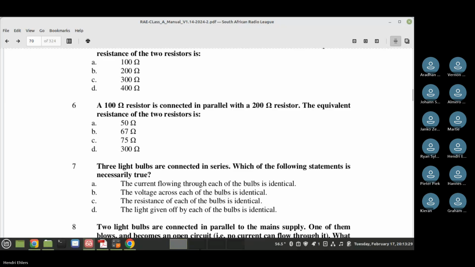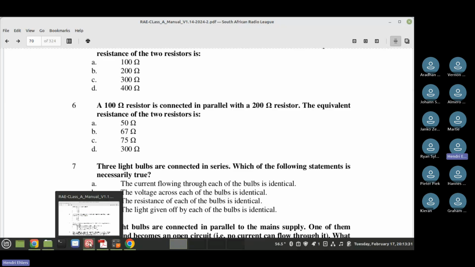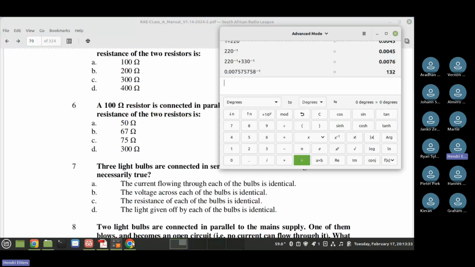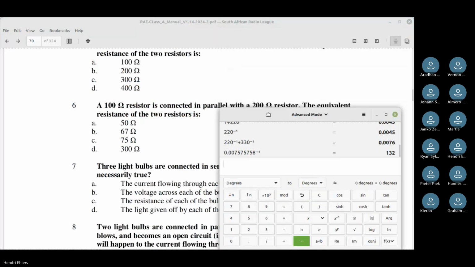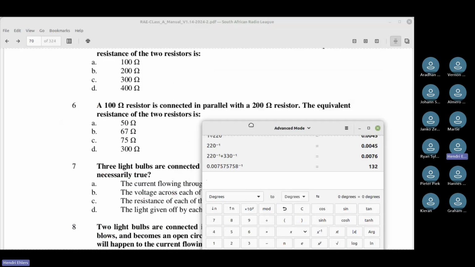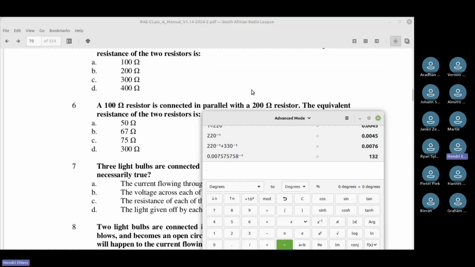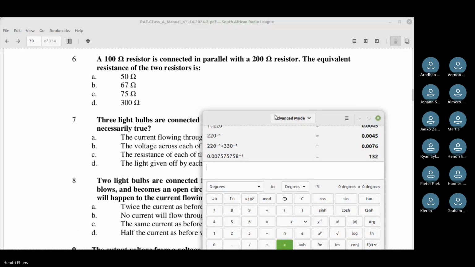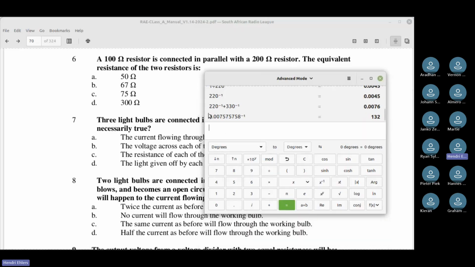Now here, we're not going to assume, we're going to calculate. So we've got a 100 and a 200 ohm. Let me move that up, then I can put the calculator in there.